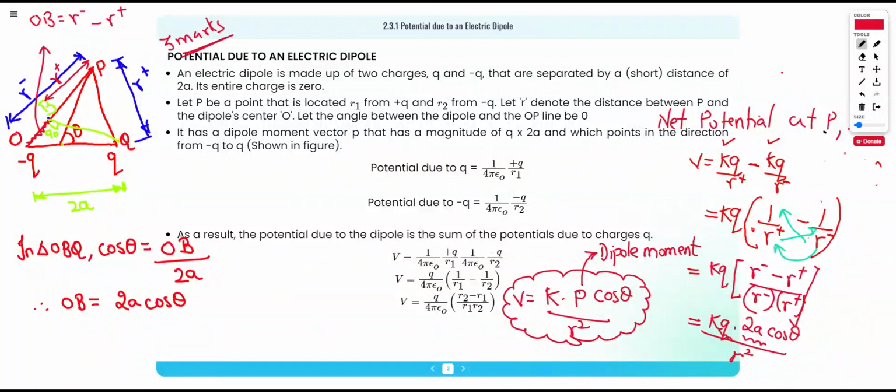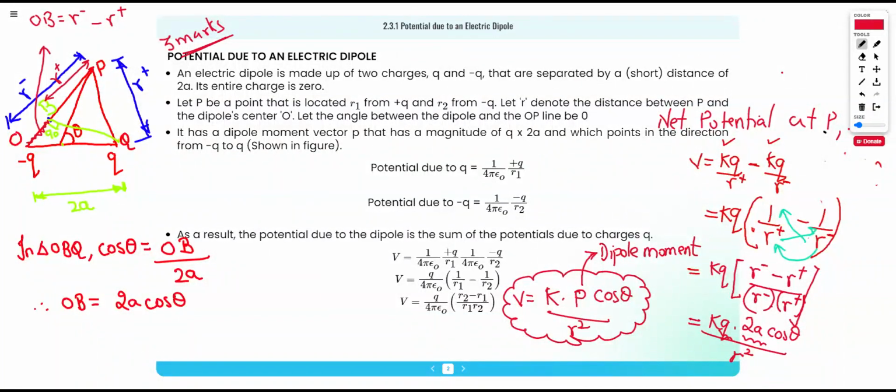Anyone? I am asking what will be the value of V when your P is at 90 degrees, at parallel, at anti-parallel.